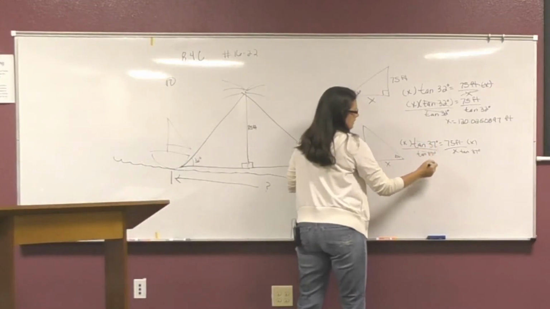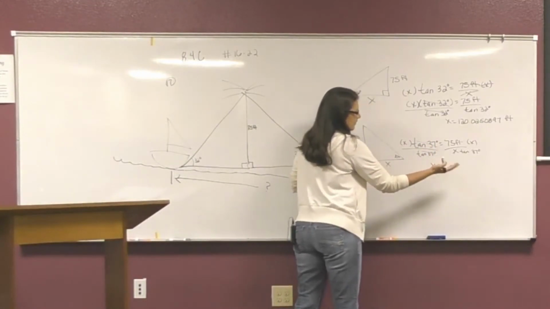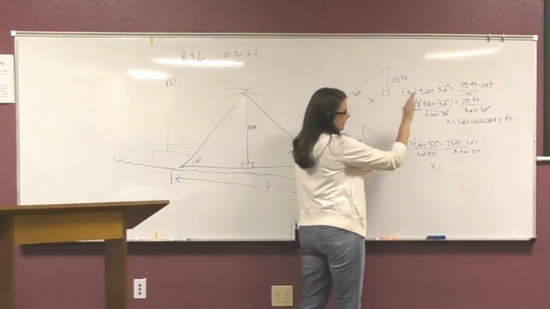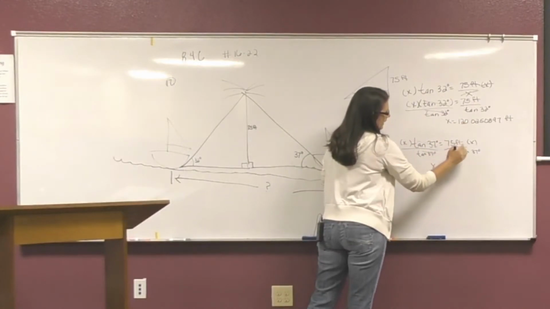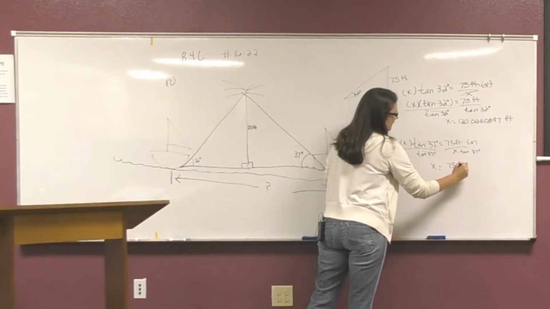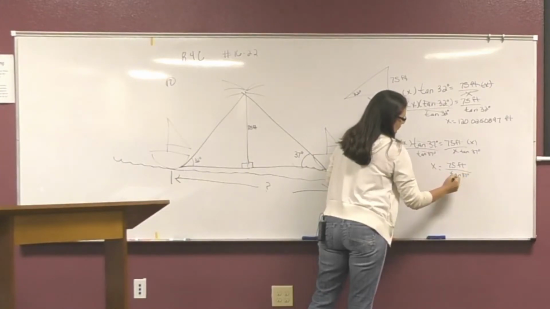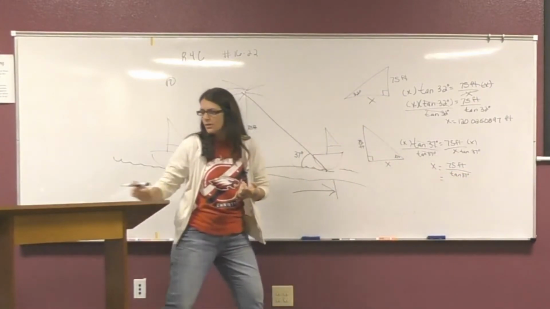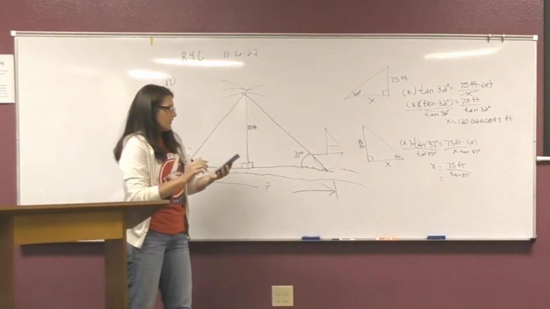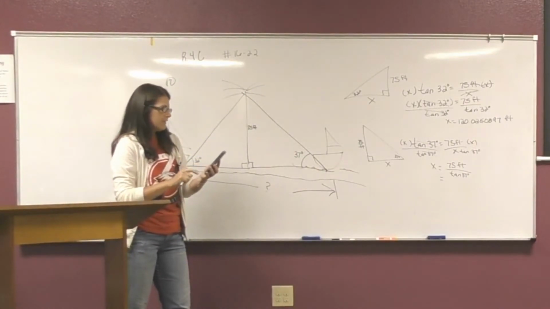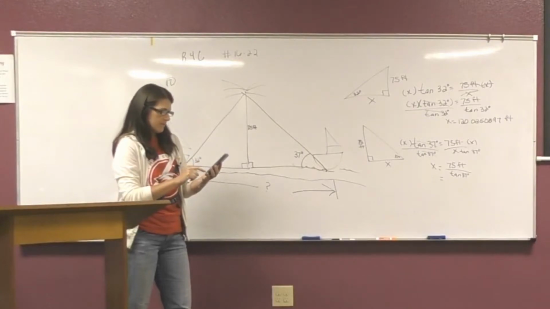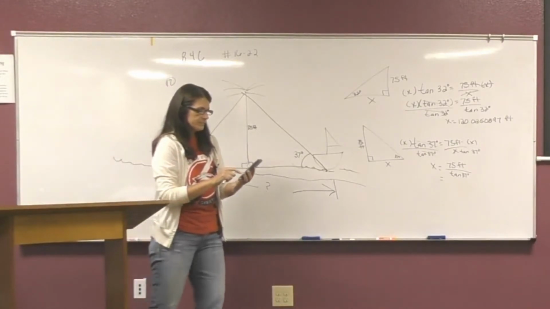So these cancel, leaving me with nothing but x on the left side. On the right, all that I have left on top is 75 feet. On the bottom, I have the tangent of 37 degrees. Let your calculator do that for you: 75 divided by the tangent of 37.